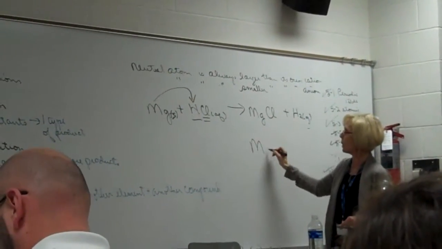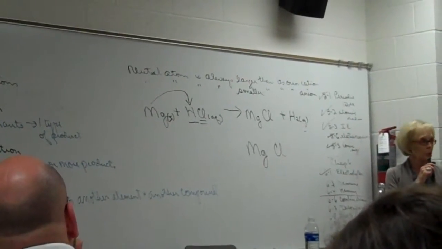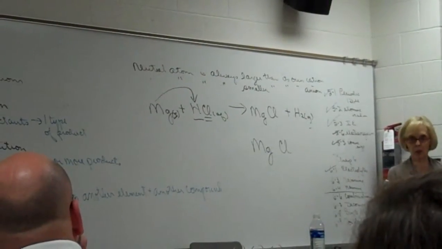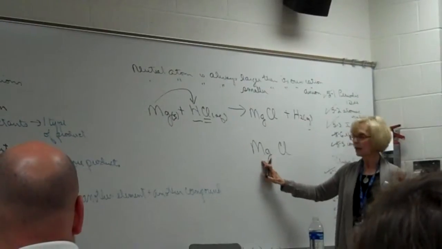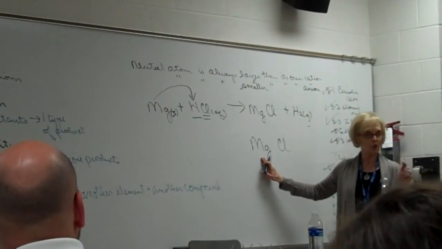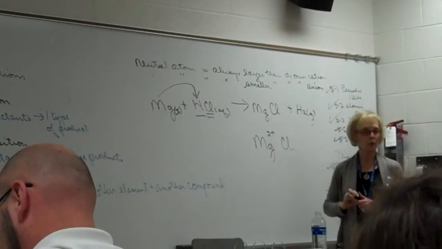Now, your problem now, you have to predict the products, which means you have to write the formulas correctly. That's based on charges. Magnesium, if it takes on a charge, what charge does it take on? Plus 2.